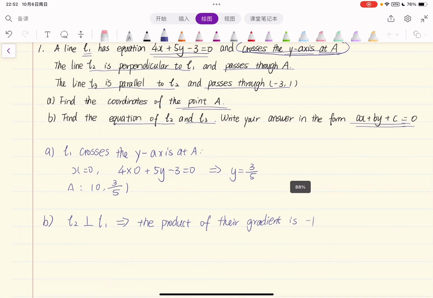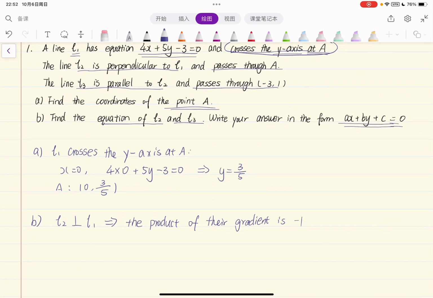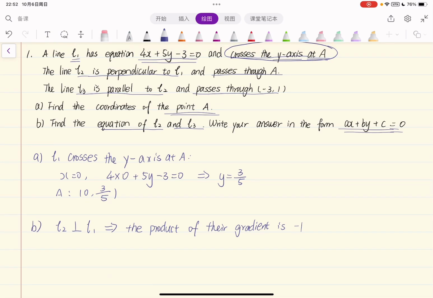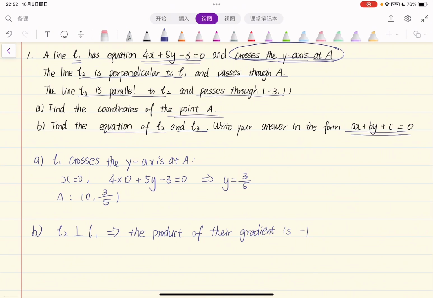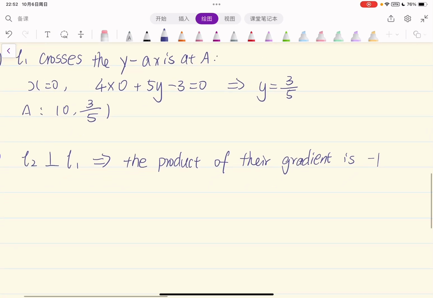Firstly, we need to find the gradient of L2. To do that, we need the gradient of L1 from the equation 4x plus 5y minus 3 equals 0, written in the form y equals mx plus c.